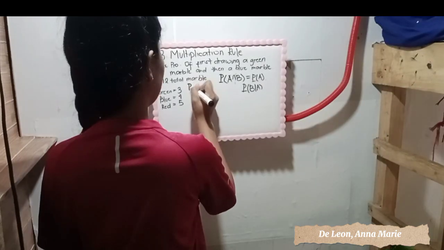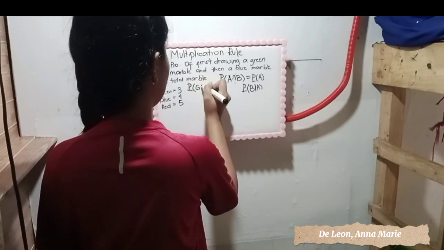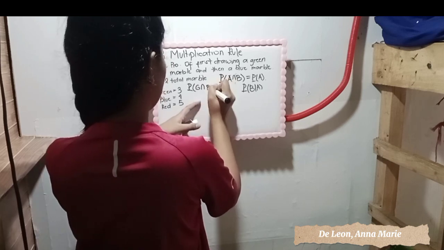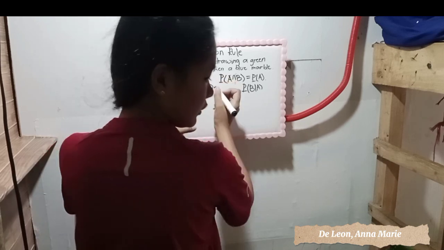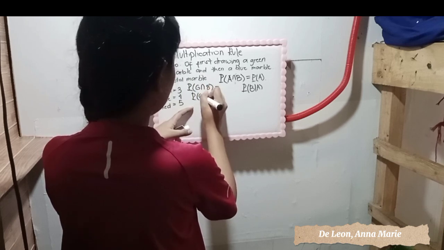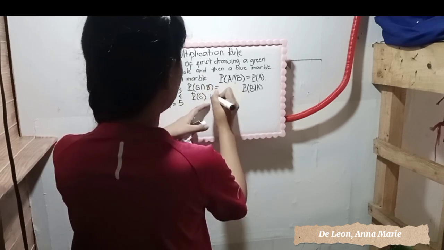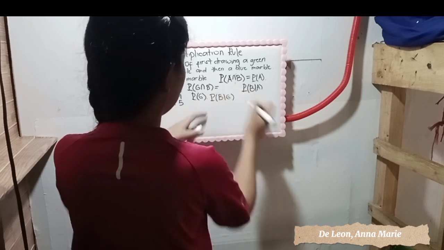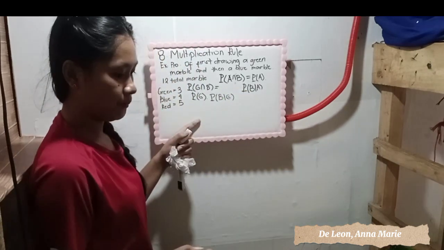So the probability of green intersection blue is equal to the probability of green times the probability of blue given green.